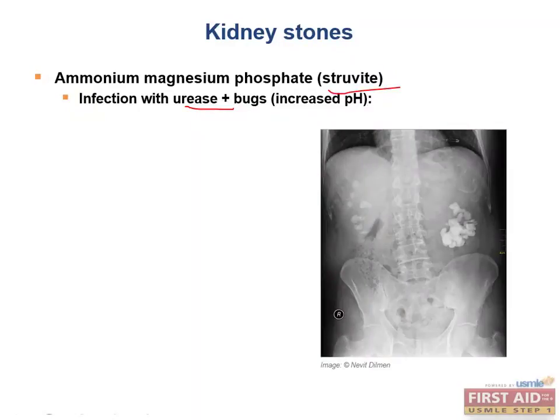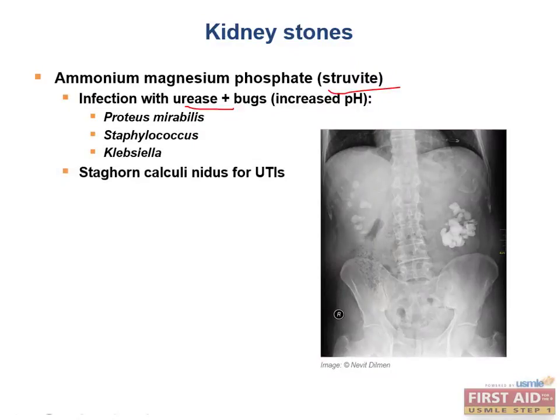And these urease-positive bacteria break down urea to produce ammonia. And that ammonia is what increases the pH by binding to the hydrogen ions. The usual urease-positive bacteria that cause the struvite stones are Proteus mirabilis, Staphylococcus, or Klebsiella.